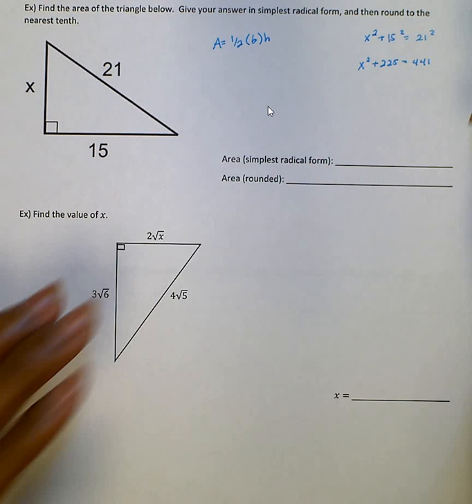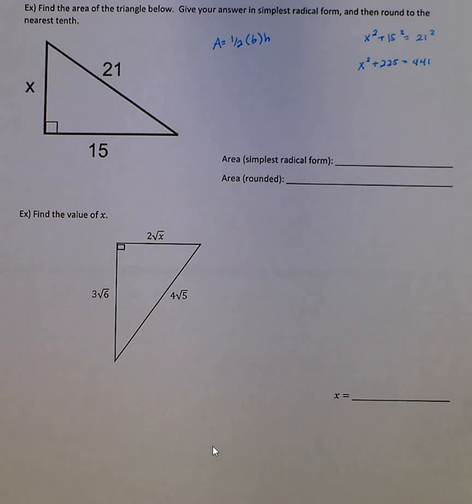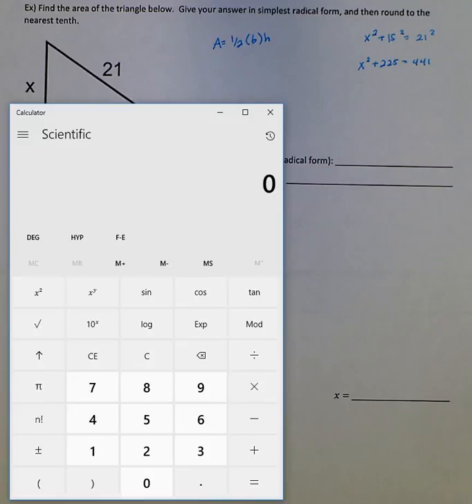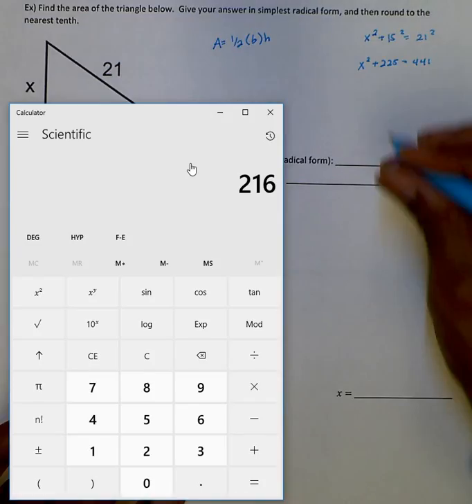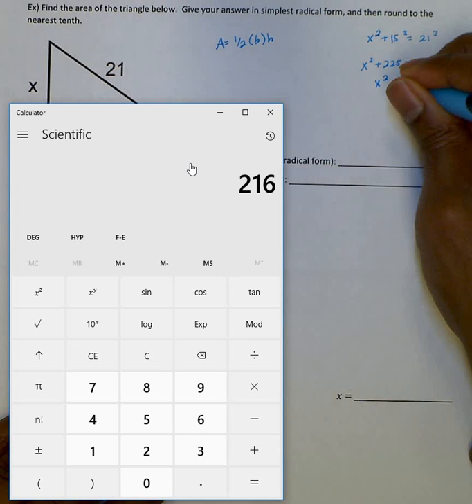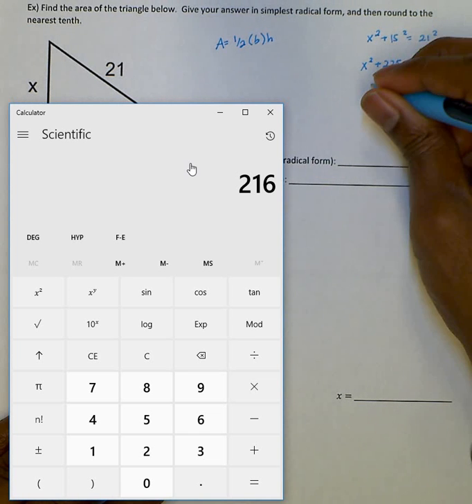So x squared plus 225 is 441 if I'm right. Make sure I am. 21 times 21. 21 times 21 is 441. 15 times 15. Okay. So 441 minus 225 gives me 216. So x squared equals 216. I'll take the square root of both of these.